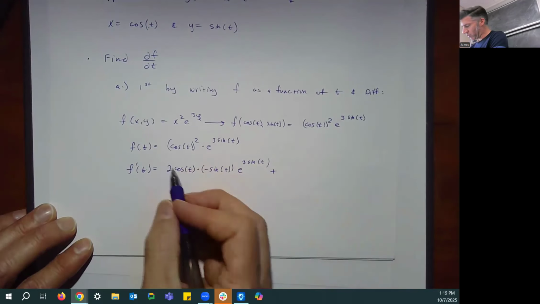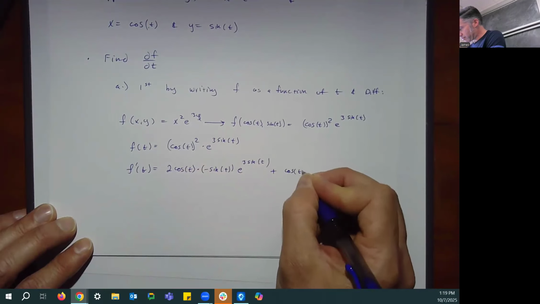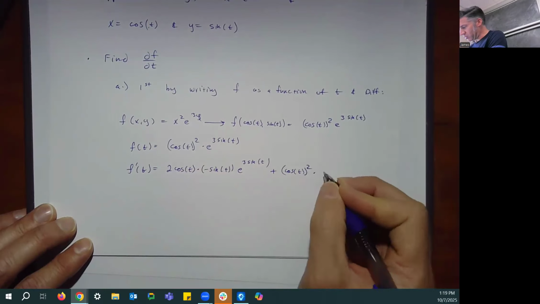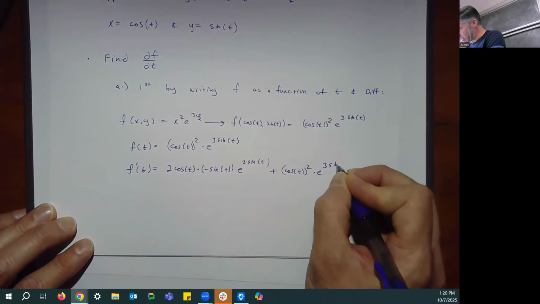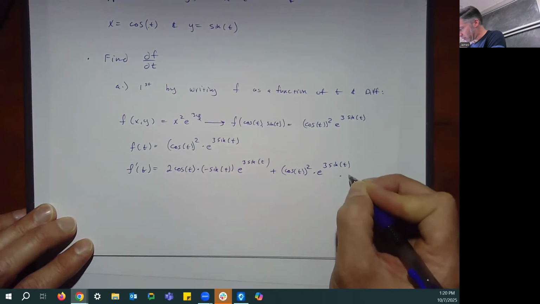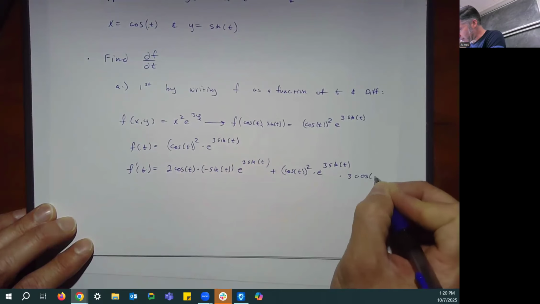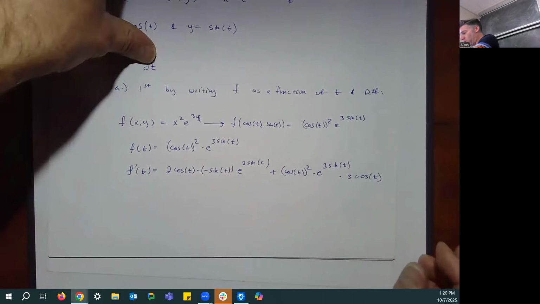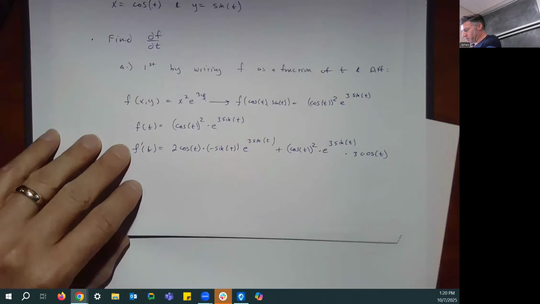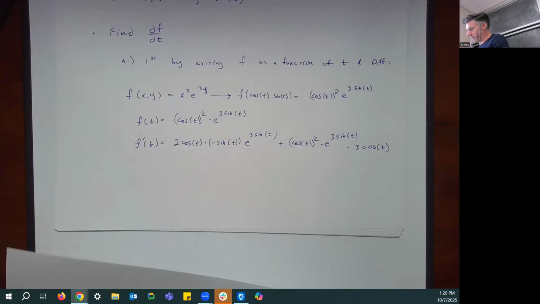You leave the cosine t squared alone, multiply by the derivative of e to the 3 sine t, which is e to the 3 sine t times the derivative of 3 sine t, which is 3 cosine t. Seems kind of awful.